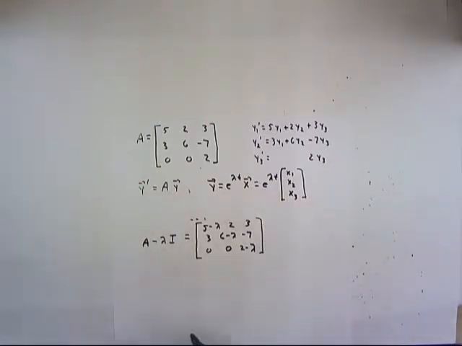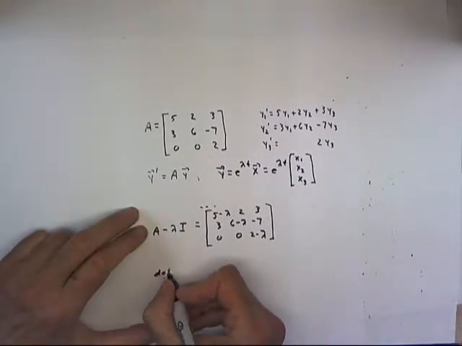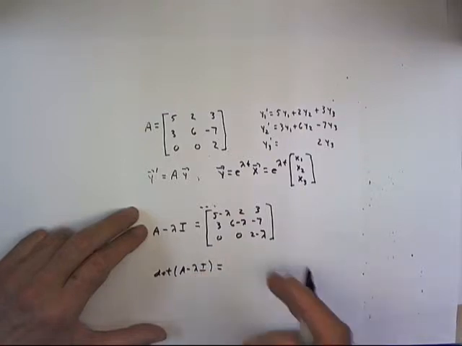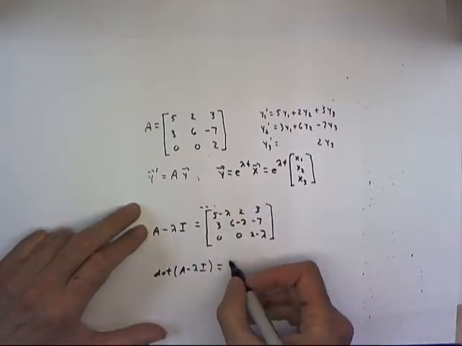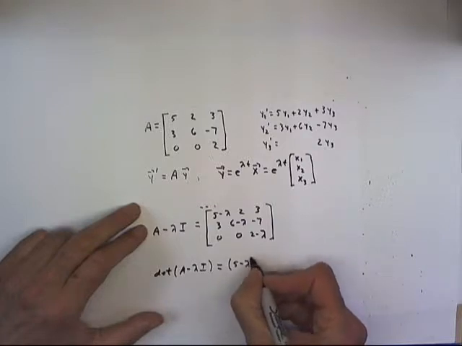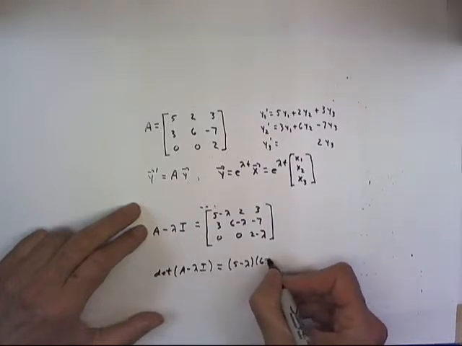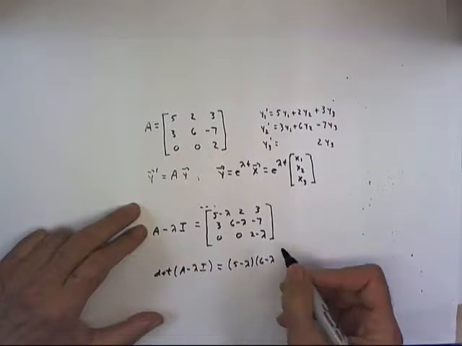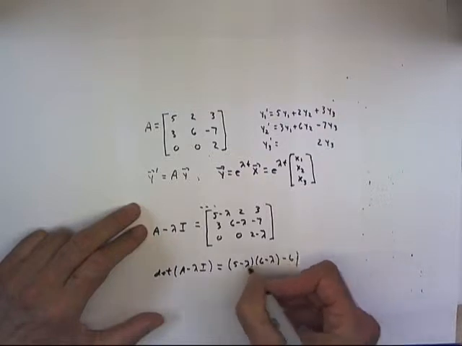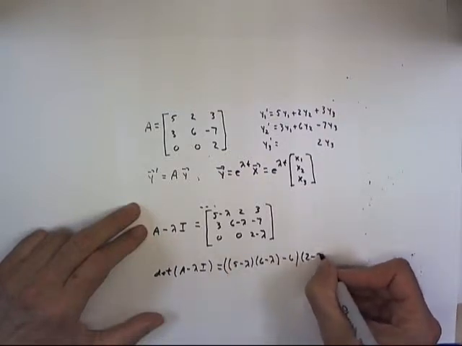The determinant of A minus lambda I equals the determinant of this matrix, and without going through the details of calculating the determinant, we're going to get 5 minus lambda multiplied by 6 minus lambda minus 6 multiplied by 2 minus lambda.